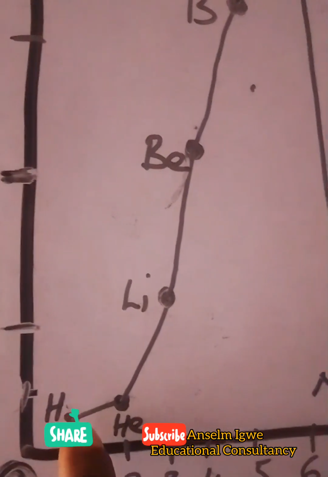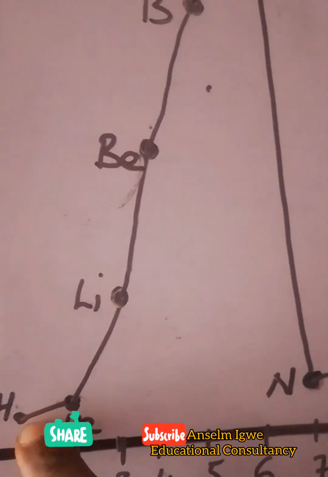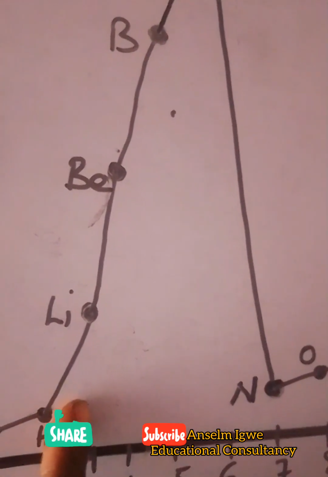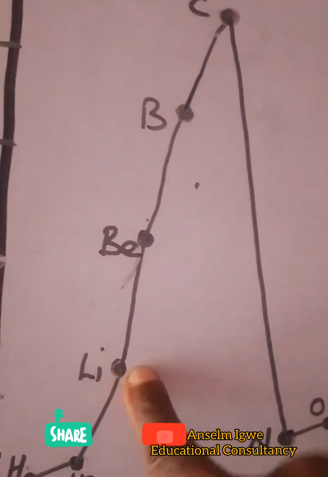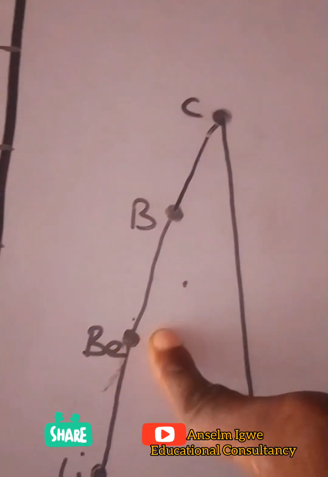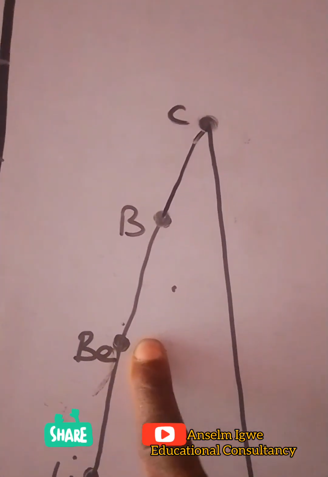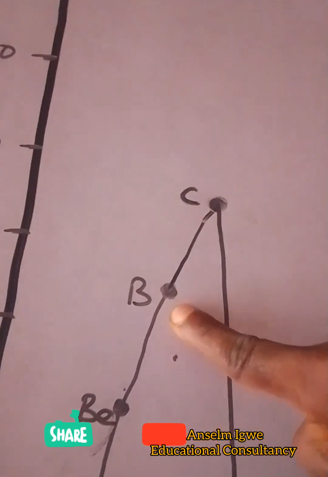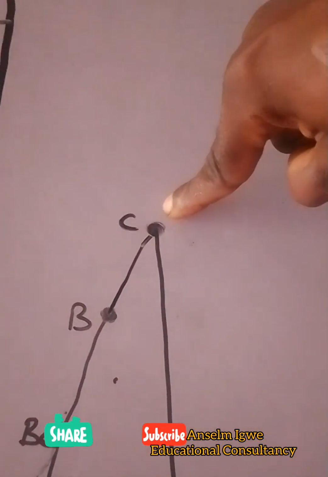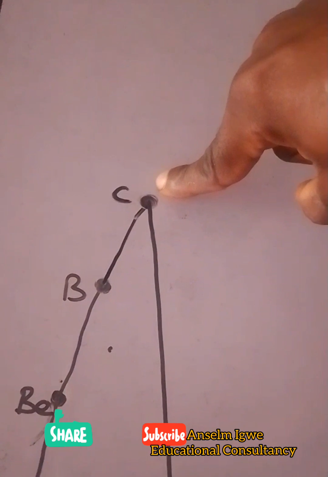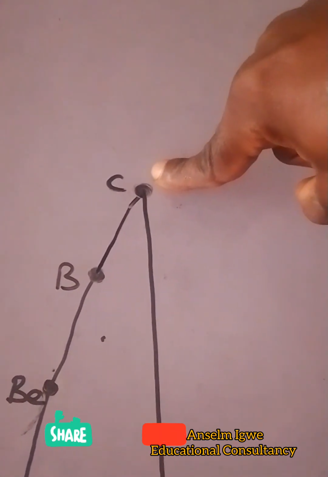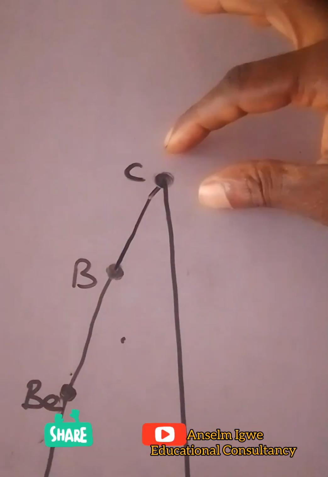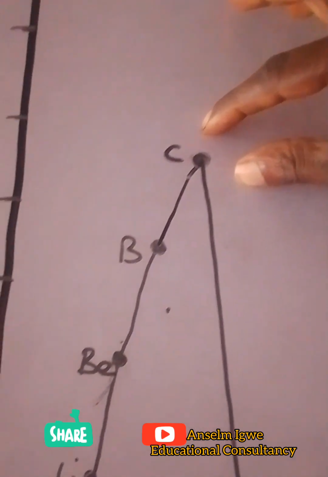So from hydrogen to helium, melting point increases. It increases steeply to lithium, increases steeply to beryllium, to boron, and there is a surge, carbon being the highest, from group 1 to 4. Carbon being the highest in melting point. I will explain that later.